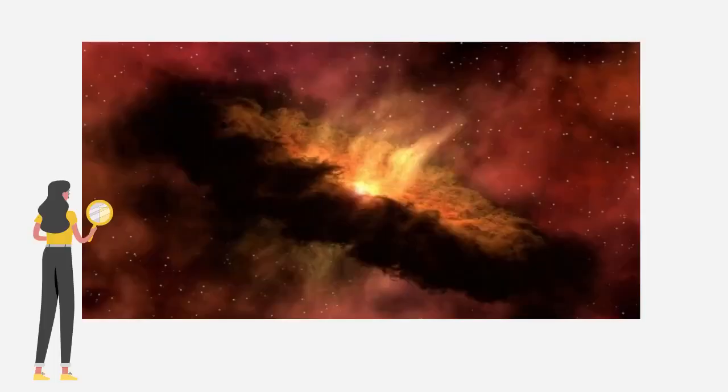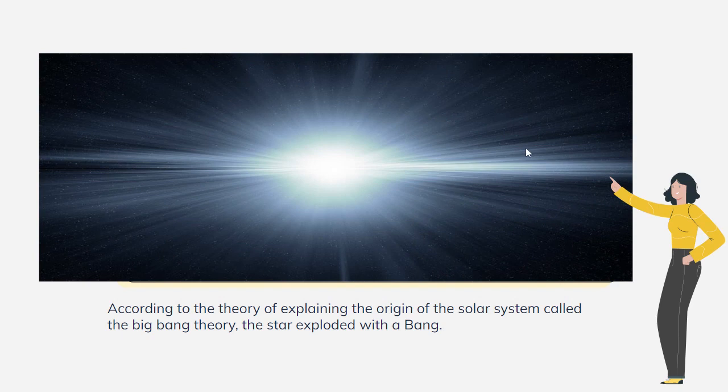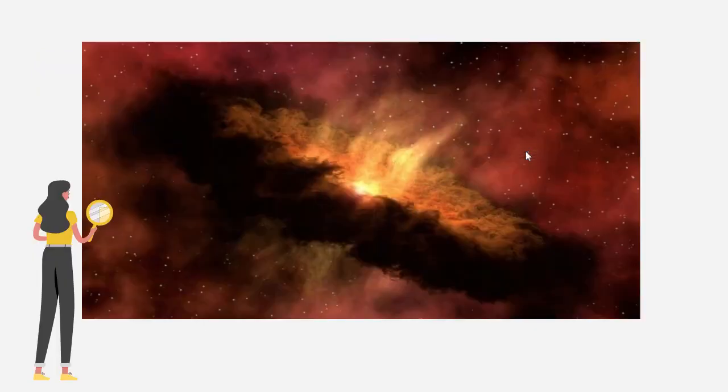Next slide. The solar nebula was formed approximately 4.6 billion years ago. At the time of the origin of the solar system, it was only a cloud of dust and gas known as the solar nebula.